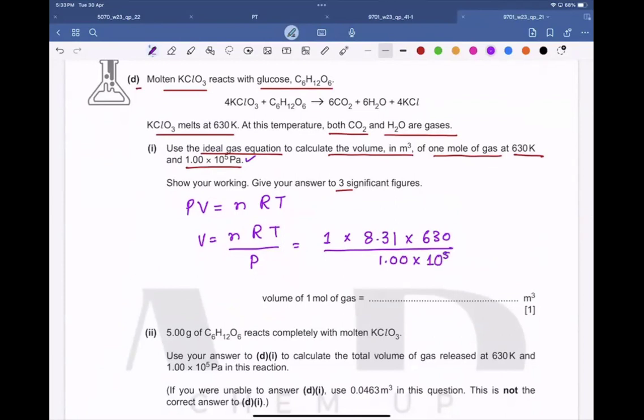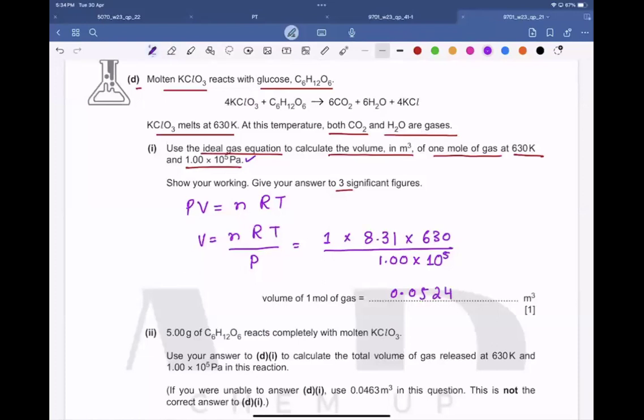So it's 0.0524 meter cube. Thank you, Shri.